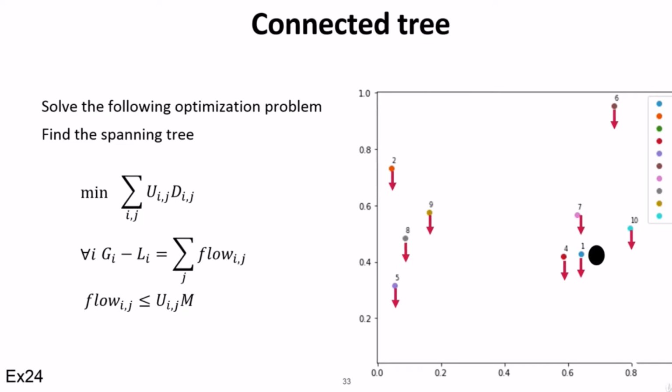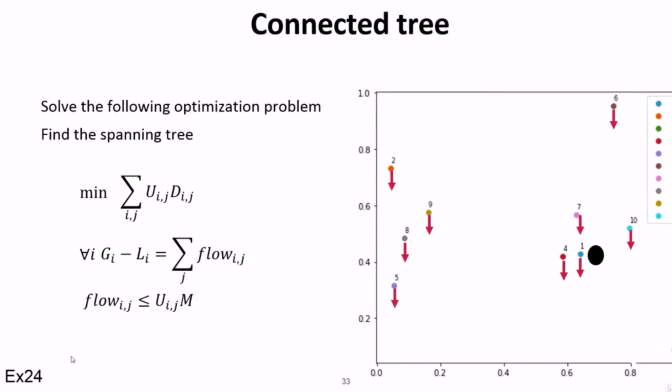Okay, and for every node I have to write down the balance of supply and demand. So at every node, gi minus li is equal to the outgoing flows. But keep in mind that only one of the nodes has gi, or generation or production. Just node number 1 or any other node that you want. For simplicity, I chose node number 1.